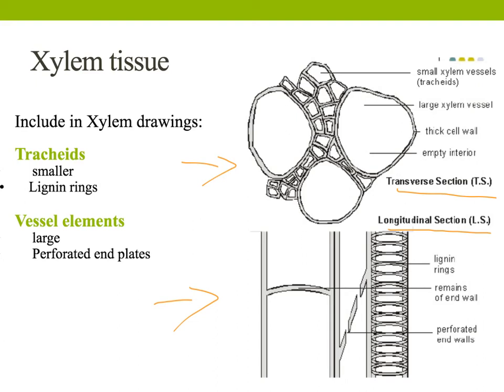In the transverse section you're cutting through the cells, so you're going to have some small xylem vessels that are called tracheids, and you're going to have those big, large, hollow-looking vessel elements. But when you draw in longitudinal, you need to indicate the perforated end plates and the lignin rings.